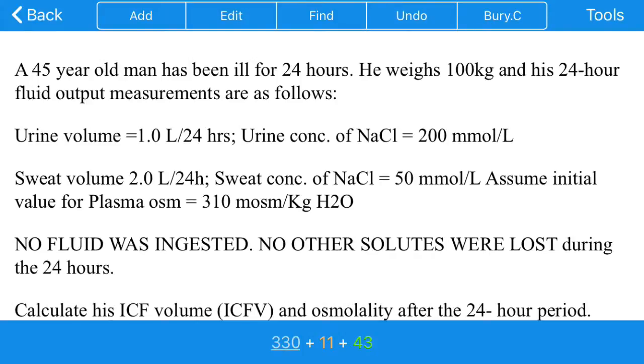Right, so let's see. He lost 200 millimoles per liter. Right, 1 liter is 200 millimoles. Sweat volume is 2 liters.